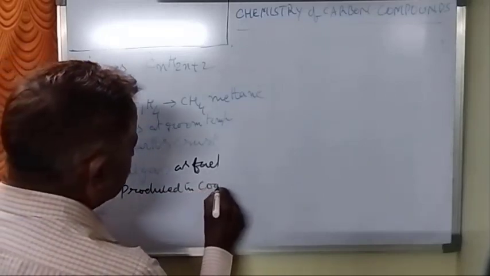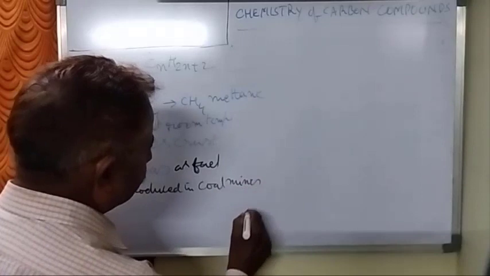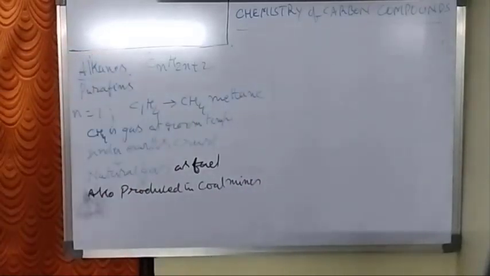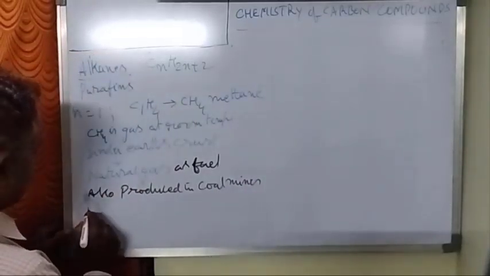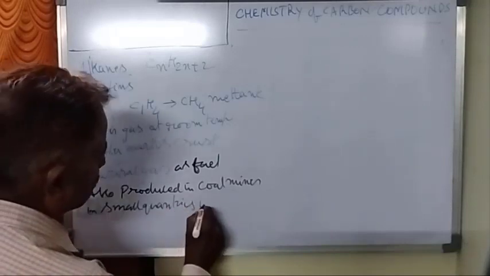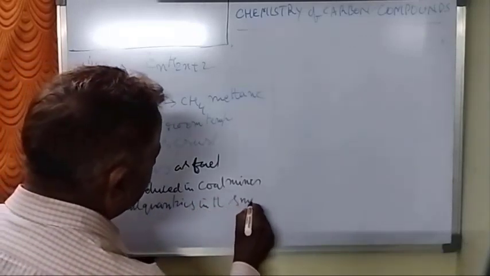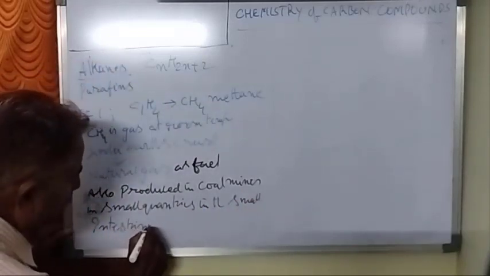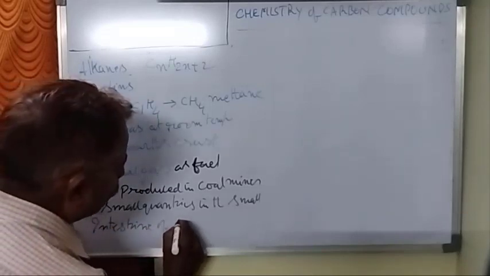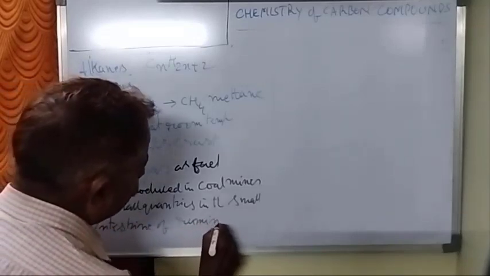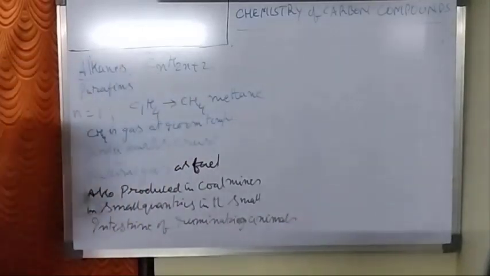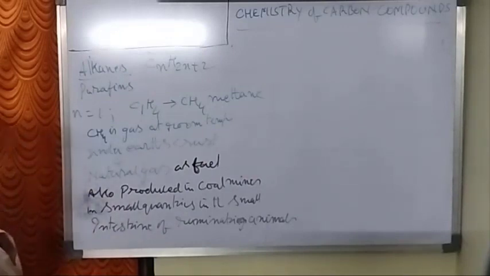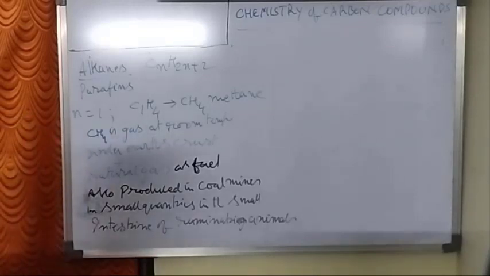This natural gas, methane, is also produced in coal mines, and in small quantities in the small intestine of ruminating animals. Ruminating animals means cows, buffaloes, etc. They are ruminating animals because they bring the eaten food back into the mouth and chew it thoroughly.